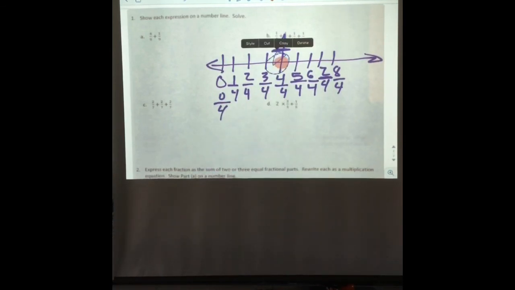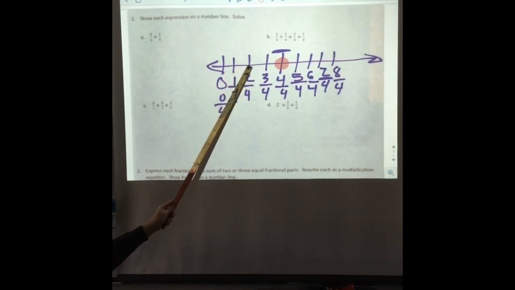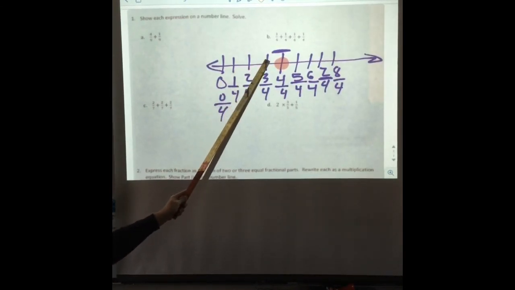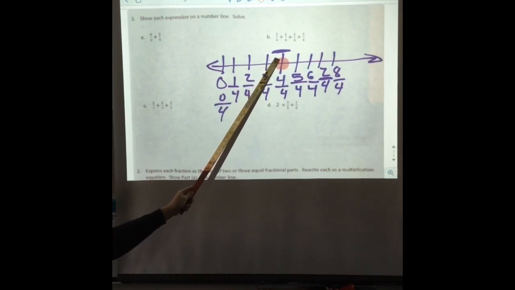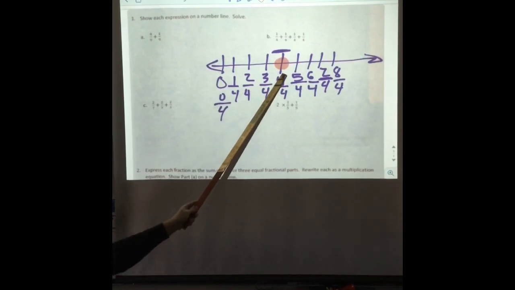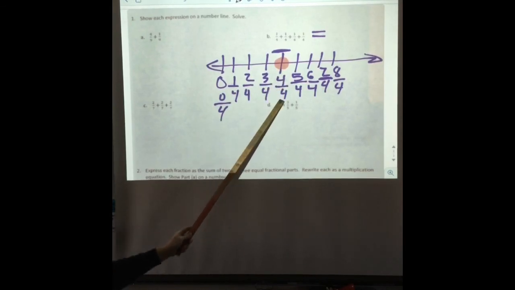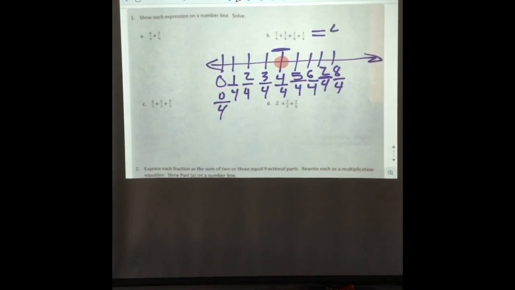So we started with 1/4 plus 1/4, plus 1/4, plus 1/4, right? Yes. So what's our answer? 4 over 4, which would equal what? 1 whole. That is correct.